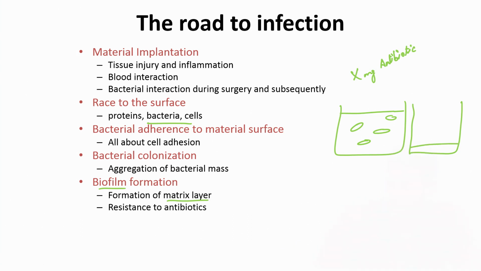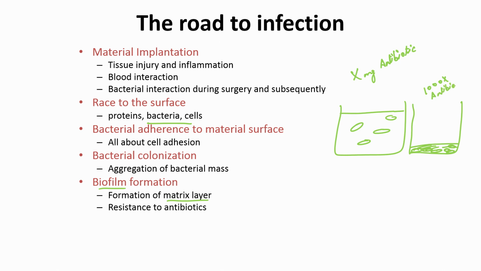So, let us say this bacteria is here and colonized in an ECM matrix, then the amount of antibiotics you may require to actually kill this bacteria and stop it from growing could be up to 1000 times X.